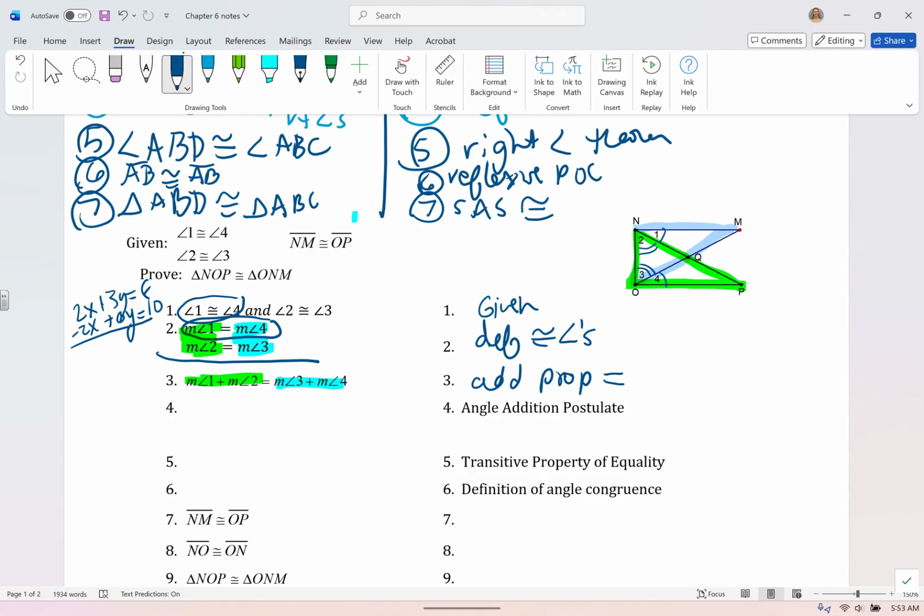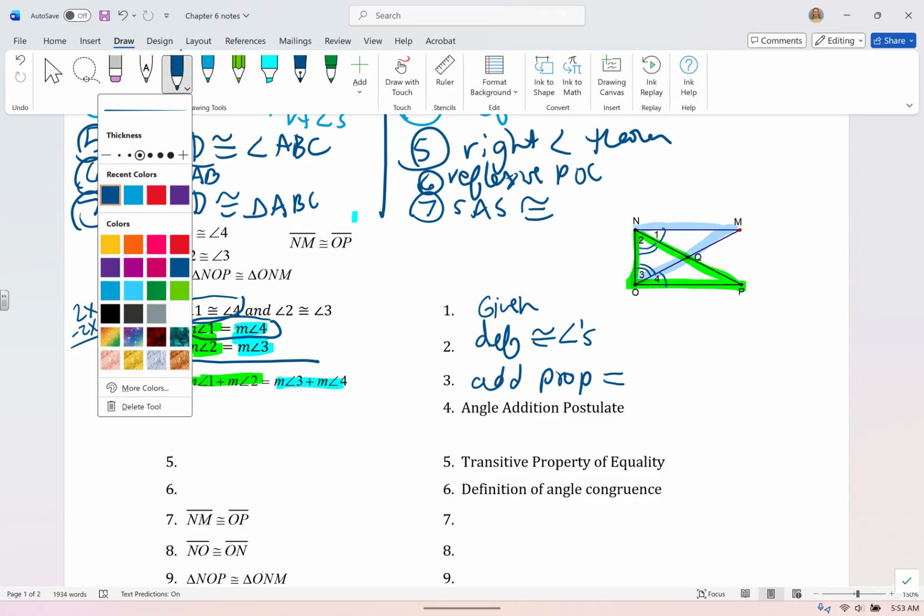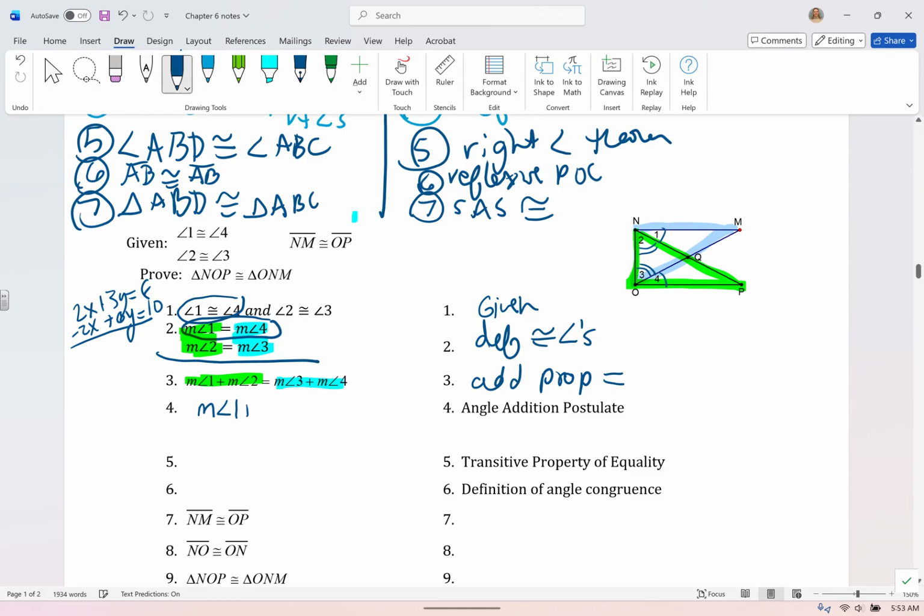And then after that, we're going to look at our diagram and say, in our diagram, look at angle 1 and 2. If you add those up, we're going to be a little bit weird, we're going to define angle N to be that top corner there. And we're going to say the measure is the measure of angle N. Really, should it be defined just by that? No, I just don't want to use two letters. So we're going to call this top corner the measure of angle N. Not the best, but for simplicity, because we're doing a lot today.